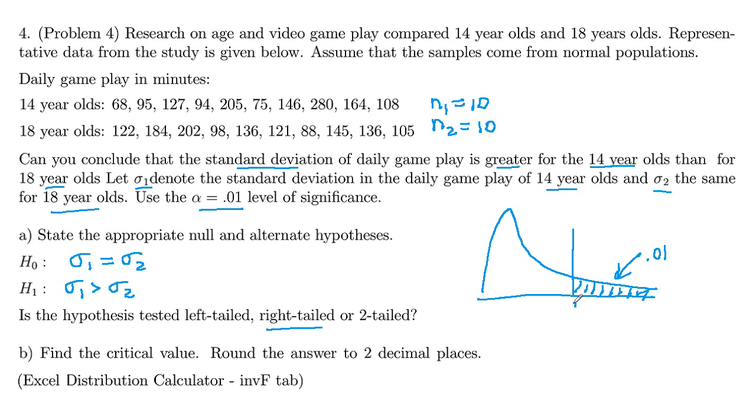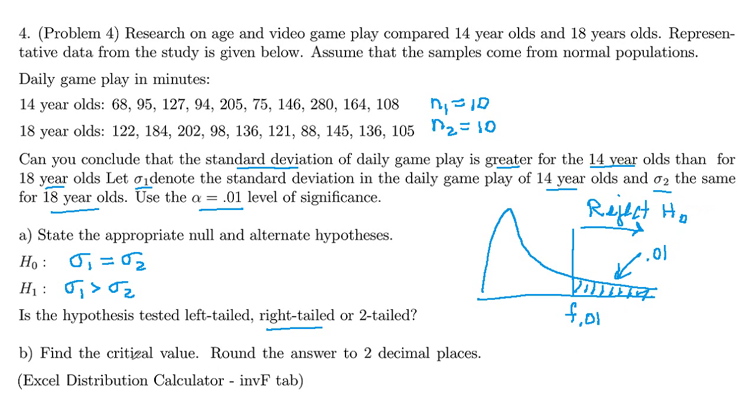So this critical value is F 0.01. So 0.01 is the right area again. And if our test statistic is greater than F 0.01, we will reject H0. So that's the rejection region.